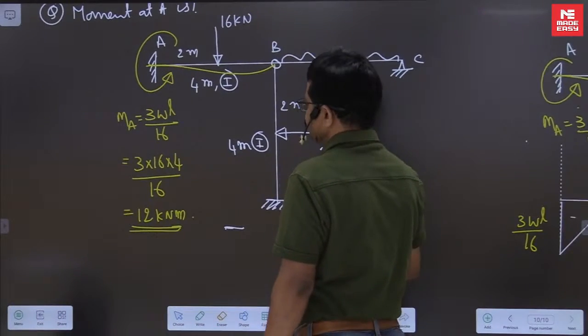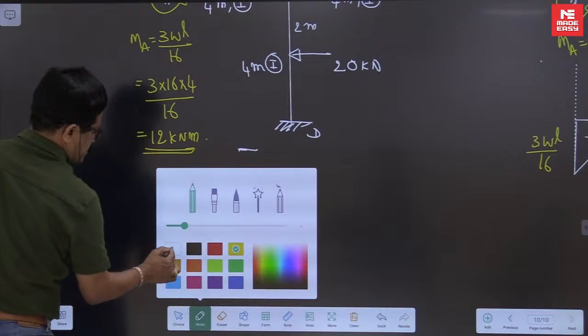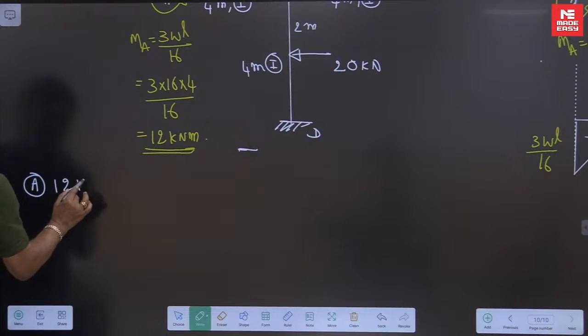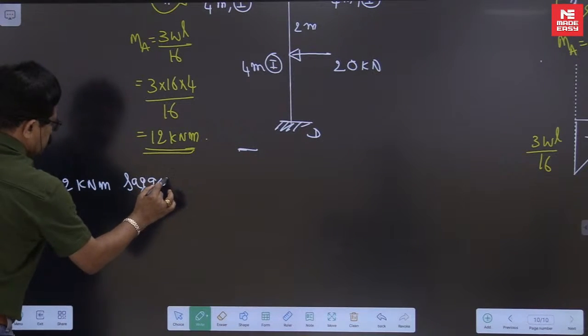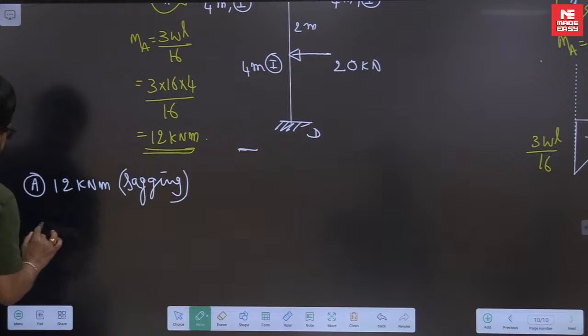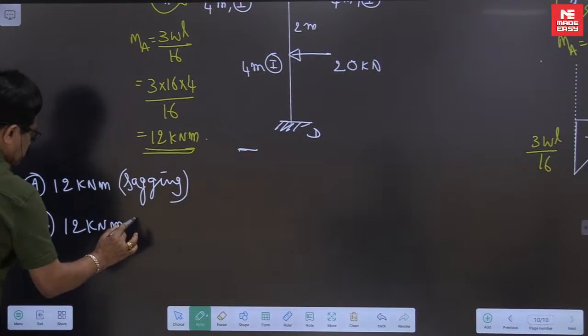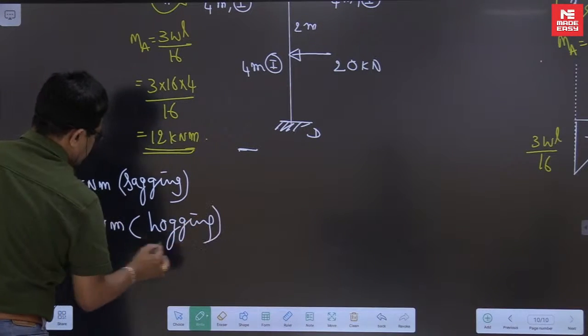So the 4 options will be like this. 12 kilonewton meter sagging, because you must be clear whether it is sagging or hogging.